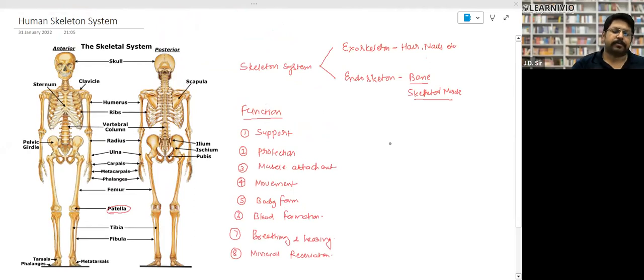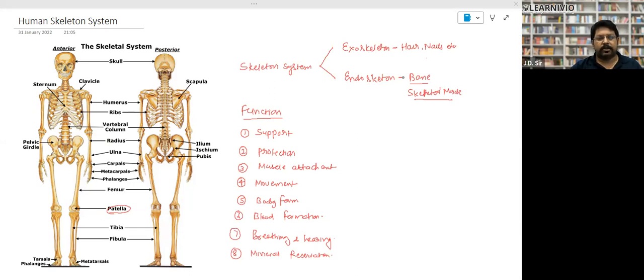What is the skeletal system? Nothing is questioned from this PPT, but you need to understand. Look, this is the structure of the human skeleton, and the skeletal system is of two types.